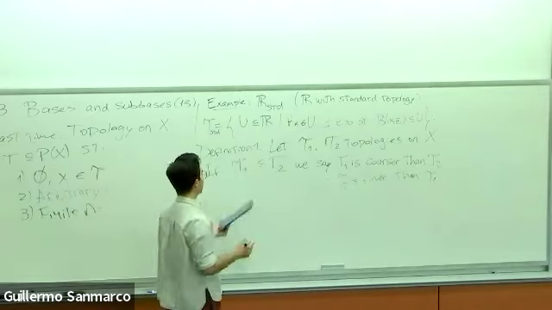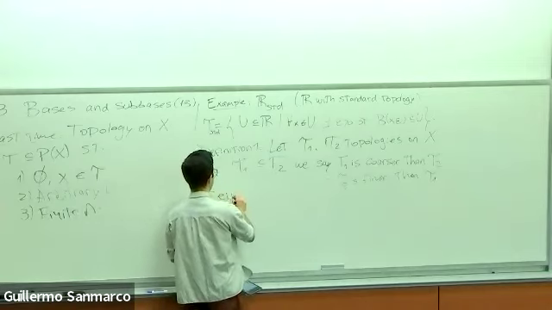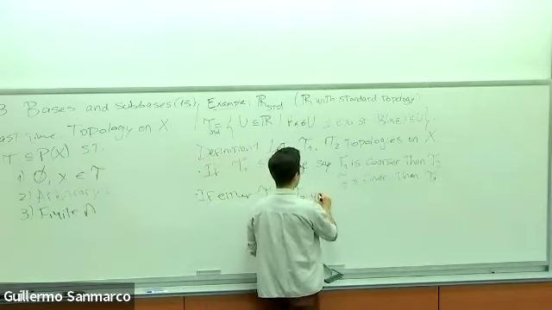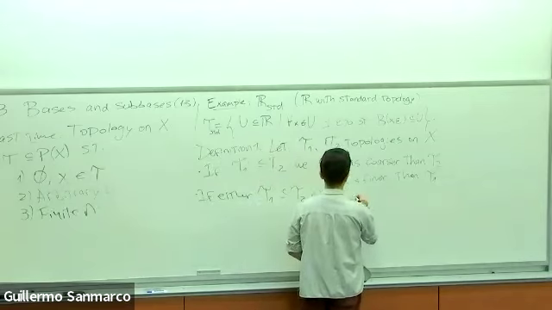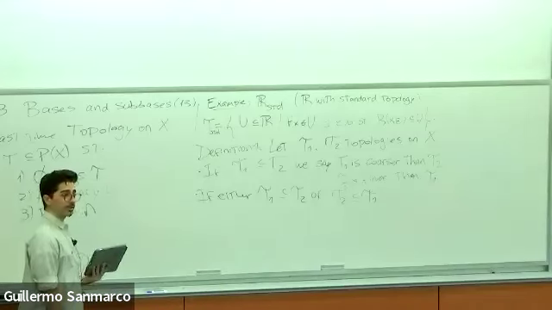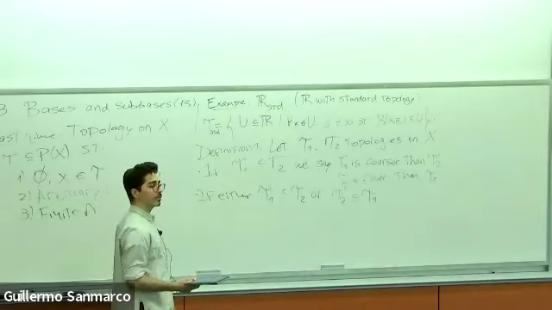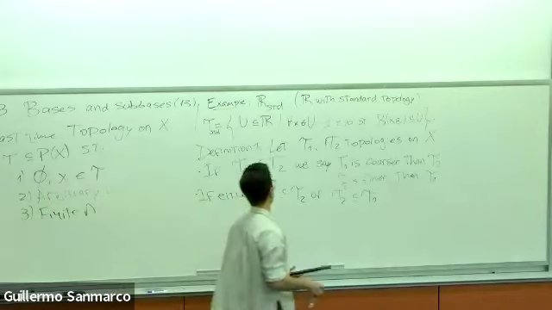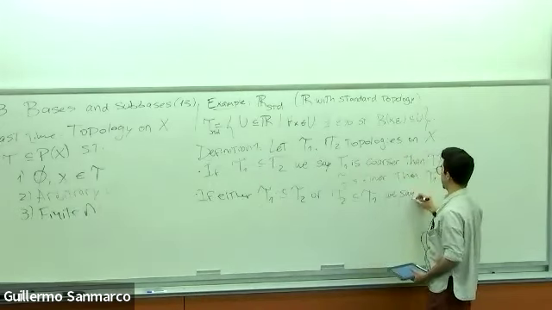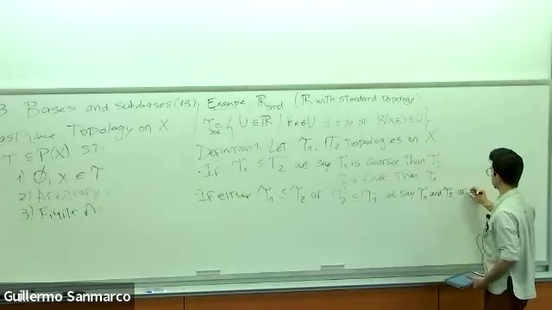And if either T1 is a subset of T2 or the other way around, we say that we can compare these two, because that's not always going to be the case. Given two topologies, it's not necessarily true that one is a subset of the other, but if it happens, we say T1 and T2 are comparable.